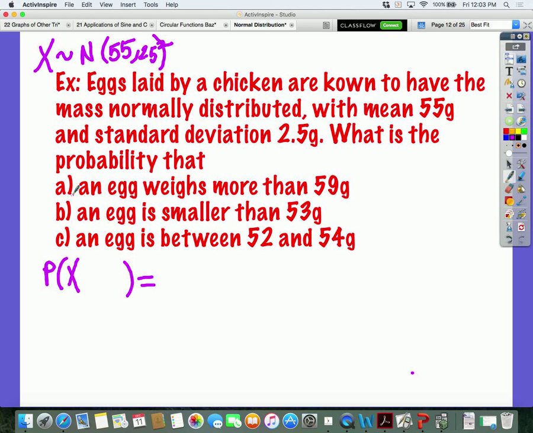So I'm looking for the probability that an egg weighs more than 59 grams. So that would be P, X is greater than 59, right? You've seen this notation. We practiced with this, right? Where do I go to figure out this probability? To your calculator. Because does this fall within 1, 2, or 3 standard deviations? Like, does it fall on one of those bars? If the mean is 55, what's one standard deviation to the right?